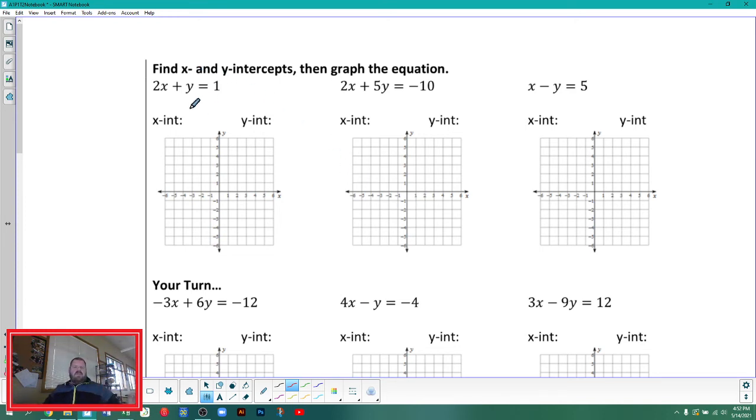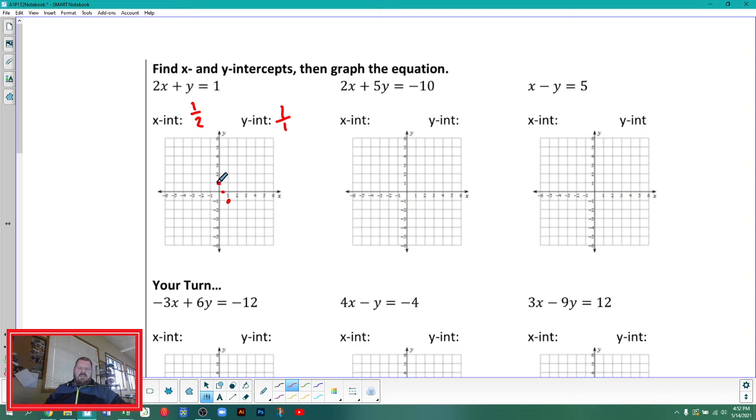On the first one, the x-intercept comes from 1 over 2, so it's 1/2. That's actually not that great of an x-intercept. The y-intercept comes from 1 over 1, so it's 1. Those 2 points are pretty close together. I could try to extend them a little bit farther.